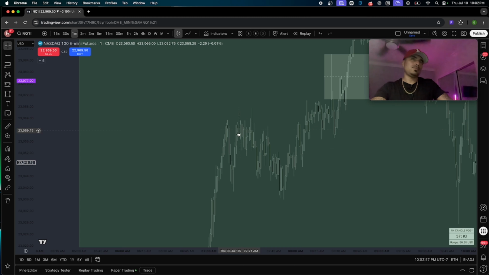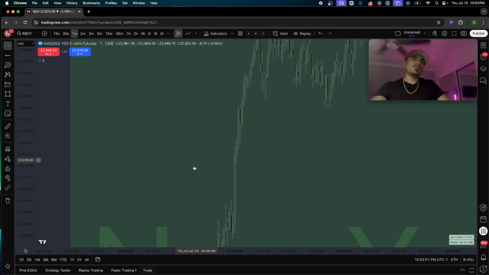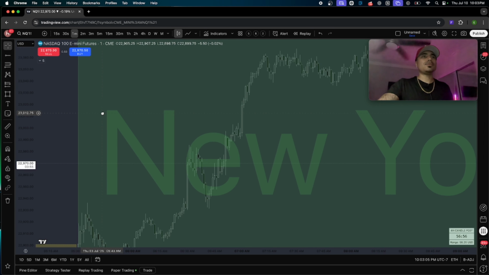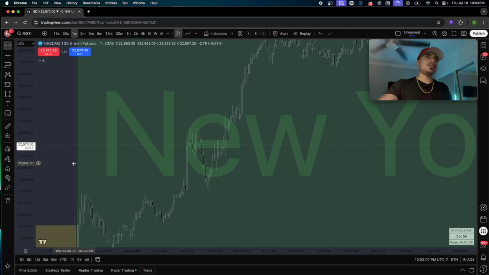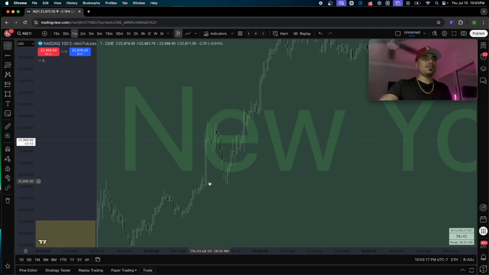And this one was actually a decent little trade right here. Even though it's in hindsight, you want to think realistically too, right? Because you gotta time the top, technically, is what you're doing. This I wouldn't take. It's too soon. There's a lot of context you gotta keep in mind. What time is this?